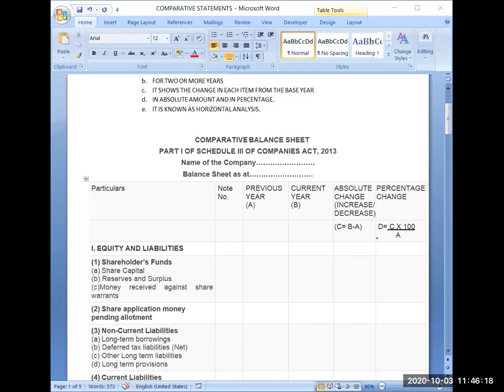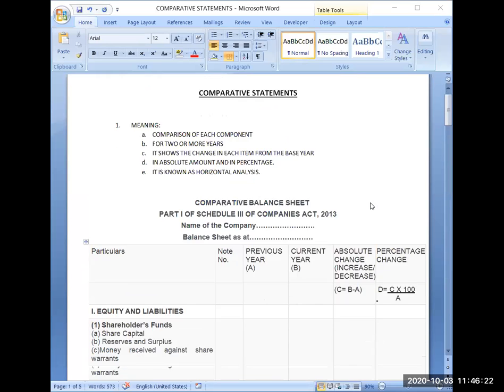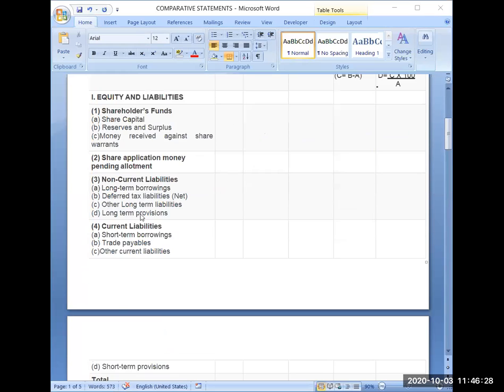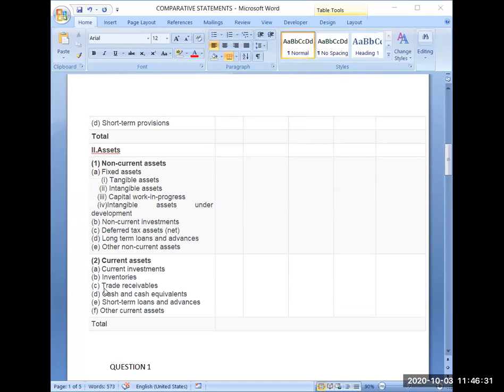So in both ways we are calculating, that's why you find there are 4 columns. However, in the balance sheet, the contents are the same as you have learned.